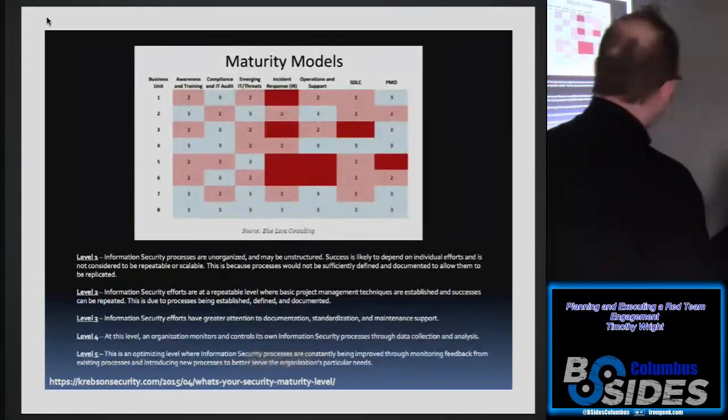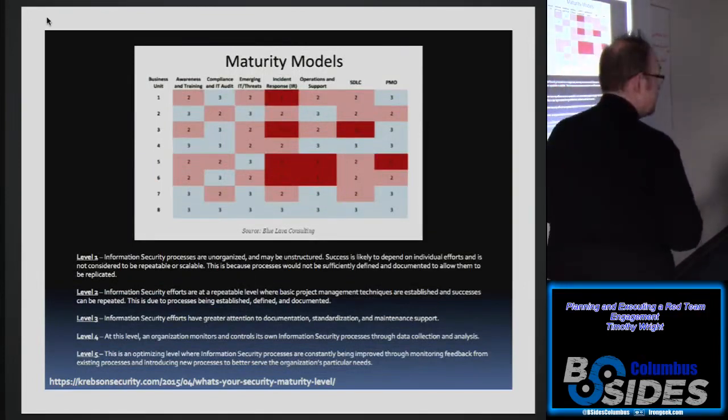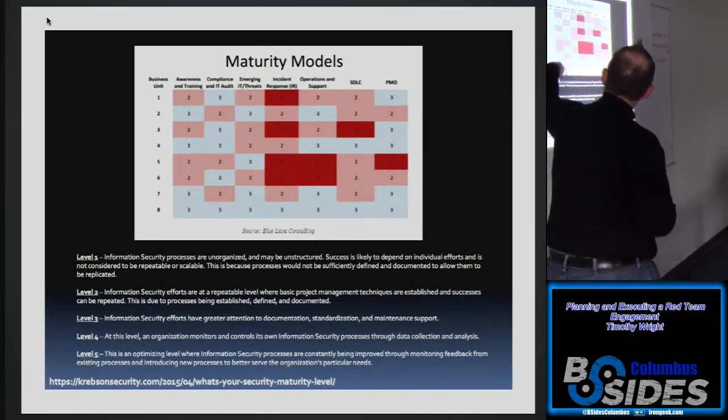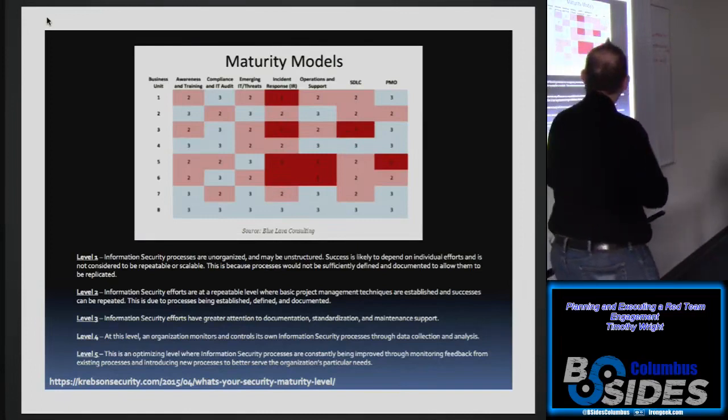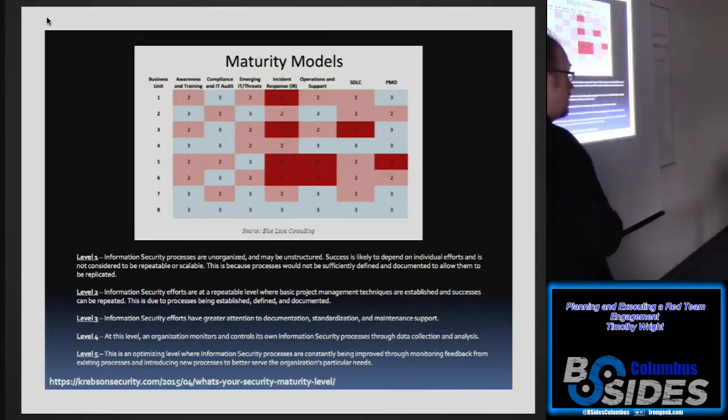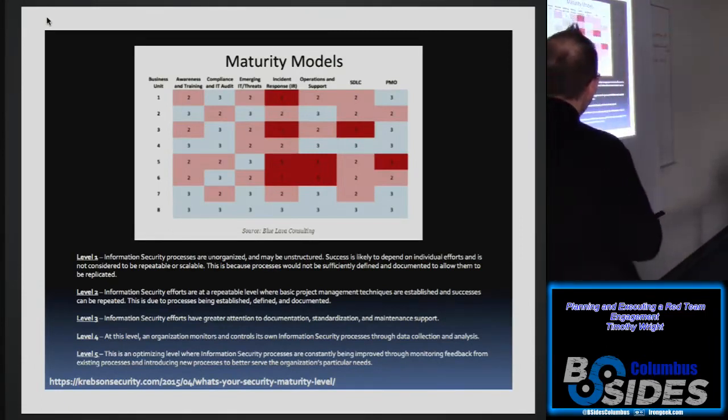And then if you start going through this, and I apologize for the font size here, you can set up your business units, awareness and training, compliance, emerging IT threats, IR, operations and support, your secure development lifecycle, and PMO.